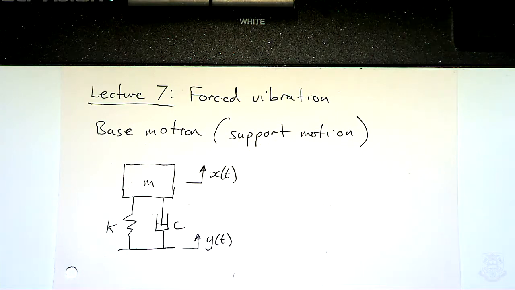So it also has relevance for things like aircraft when they're taxiing and so on. Or if we have subsystems in an aircraft, for example a system experiencing some input from a support that it's mounted on, then this is the case that we'd have to analyze.